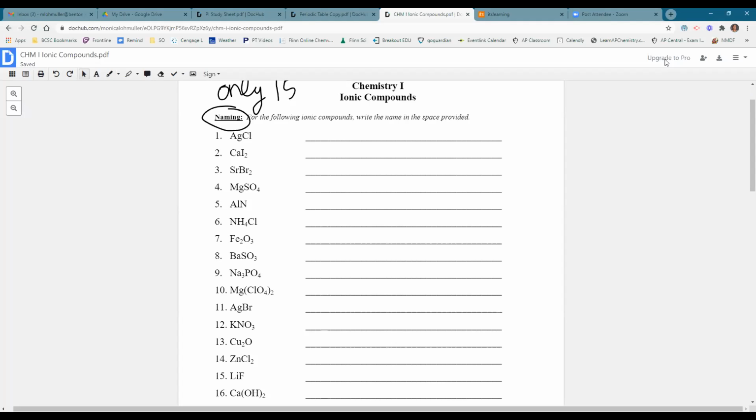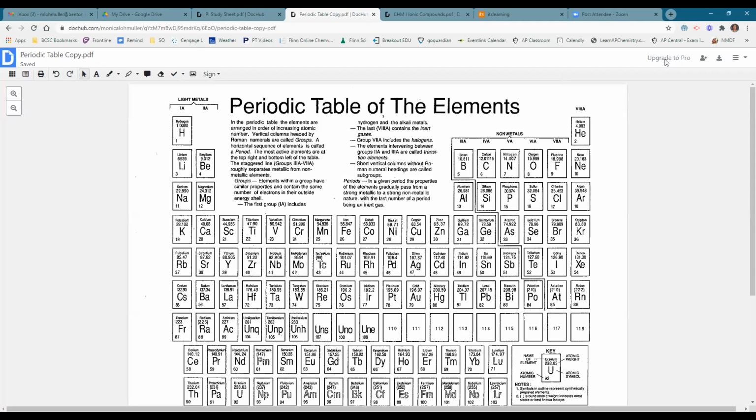So a couple things, I have the periodic table here. Remember that where we have our stair-step line, everything that's on the metal side would be the first part, and then everything on the non-metal side is going to be the second part.